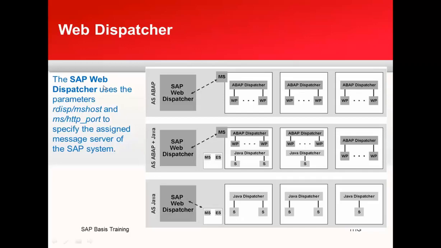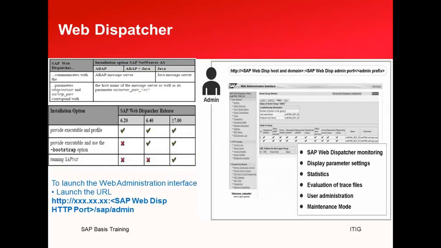Basically it uses two parameters: one is ms/host, and the second is ms/http_port, to specify the assigned message server of the SAP system. As we saw in the previous slide, these are the parameters used whether it is a pure ABAP system, an ABAP plus Java system, or a pure Java system.